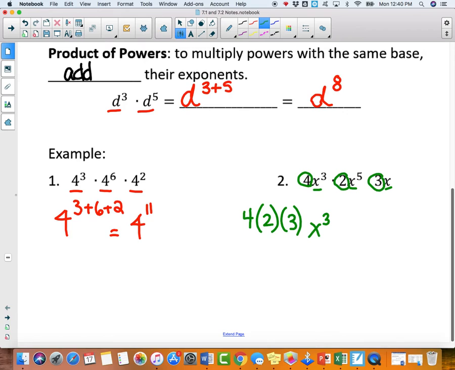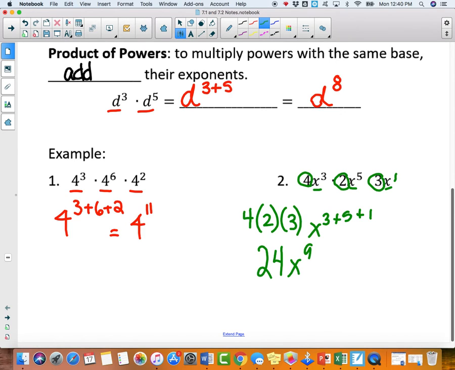X to the 3 plus 5 plus 1. Remember, when there's no exponent there, that's still to the power of 1. So 4 times 2 is 8, times 3 is 24. 3 plus 5 plus 1 is x to the 9th.